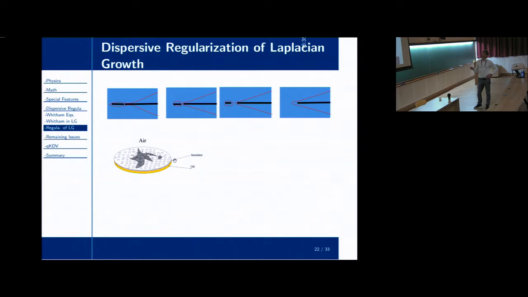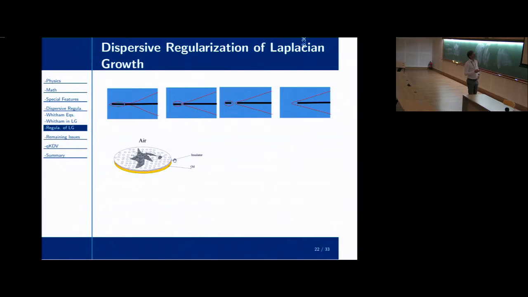We have to allow for the creation of additional air bubbles within the Hele-Shaw cell, which, for example, may be obtained if instead of a glass plate, we put something which is permeable to air, and which will allow another air droplet to grow. So that's a certain regularization of the Laplacian growth problem.